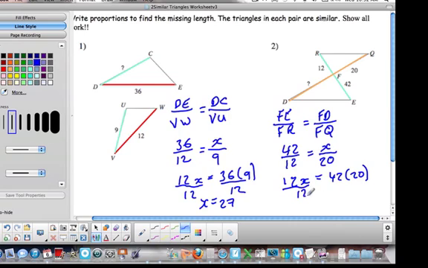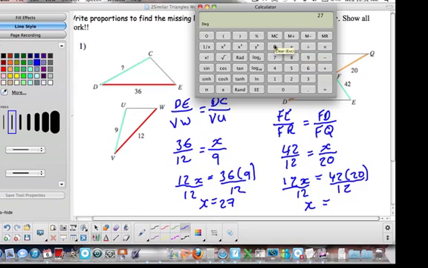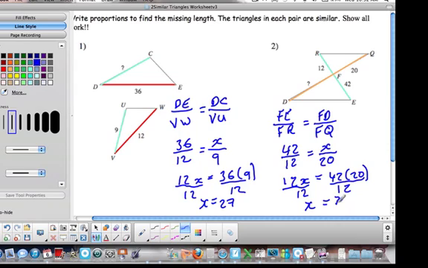Divide both sides by 12. So x is equal to 42 times 20 divided by 12. And we get 70. So x is 70. So side FD then is 70 units long.